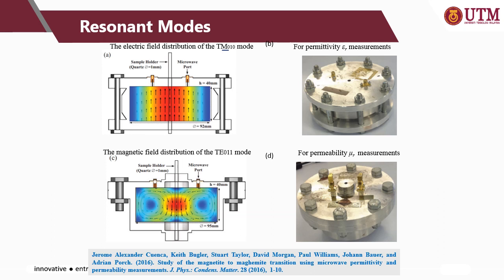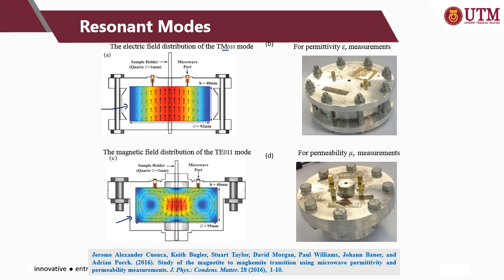Again, it depends on the application whether the electric or the magnetic field is the dominant field required to be determined. These two figures show different modes. Look at how the electric fields or the magnetic fields travel across two metal plates.